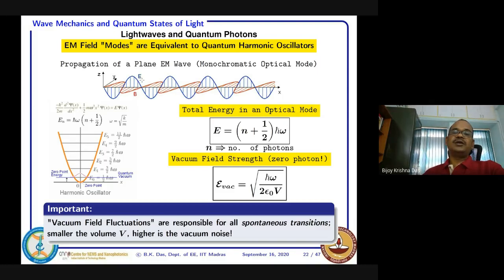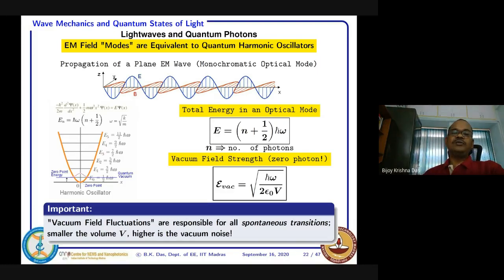In that case, electrical energy is stored in the capacitor, like half epsilon E squared, and magnetic energy is stored like in an inductor, half mu H squared. So when it propagates, it behaves as if energy is shuttling back and forth between capacitor and inductor, in other words between electric field and magnetic field.